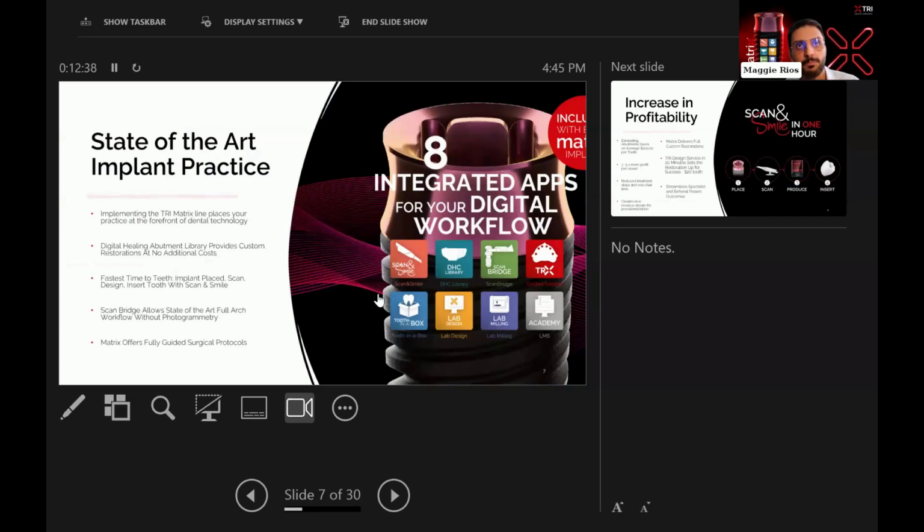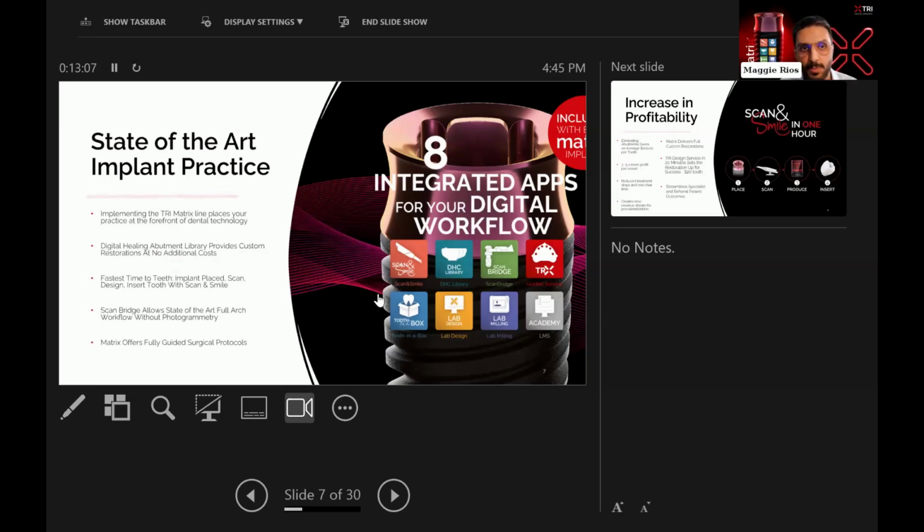I was mentioning that we are in a digital era, and digital dentistry is something that we want to focus on. TRI, or the Matrix to be more specific, is developed for digital dentistry. Up until today, most, I want to say all, of the implant systems are implant systems where we have to make the digital workflow work with them.